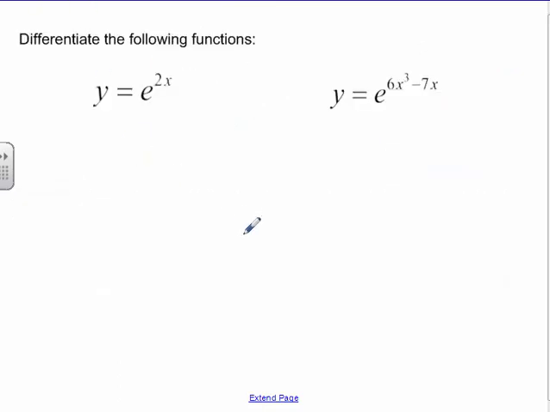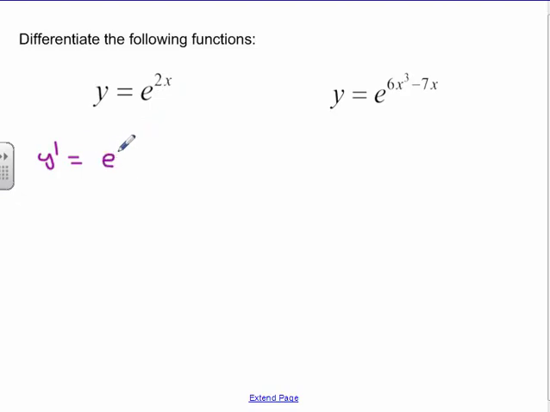Now that we've learned about the derivative of e to the x, let's try to solve this. So if I want to differentiate this one right here, the one change is that this isn't e to the x, this is e to the 2x. Right, that 2 right there has modified this function. So this is a chain rule. If you want to use the chain rule to find the derivative, you derive the original. So the original is e to the 2x.